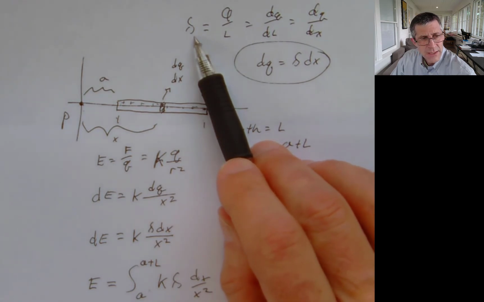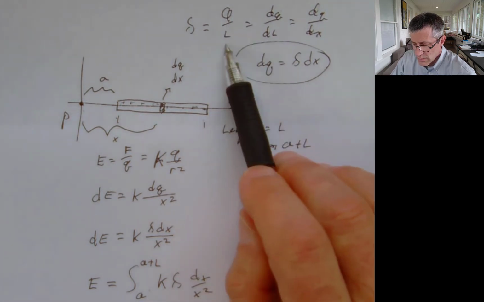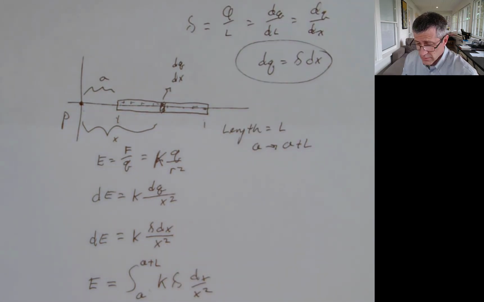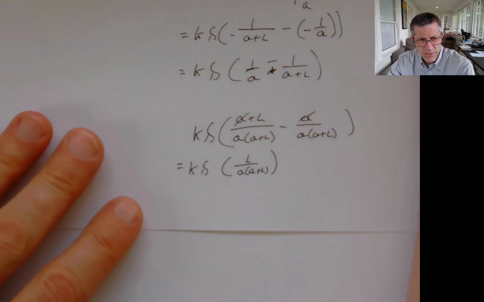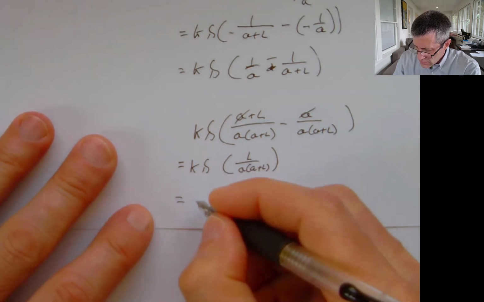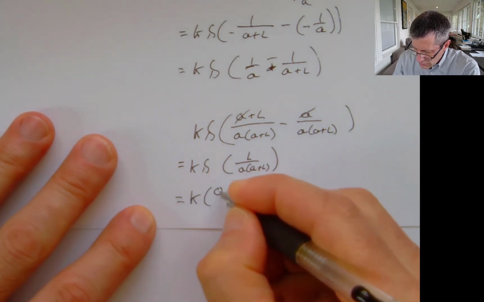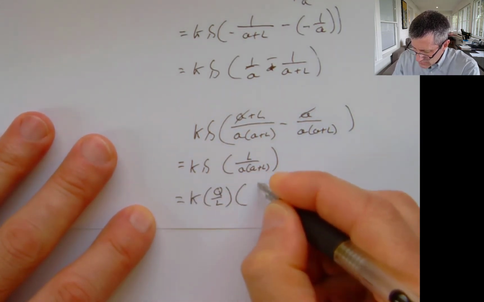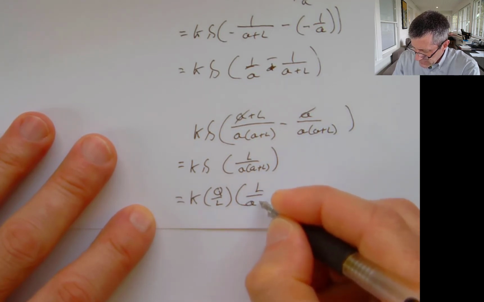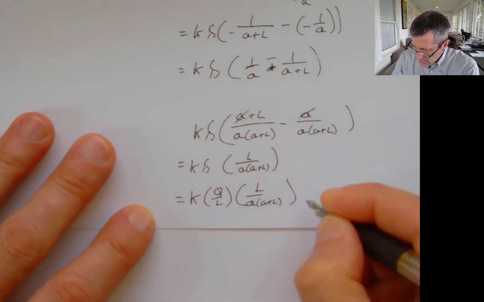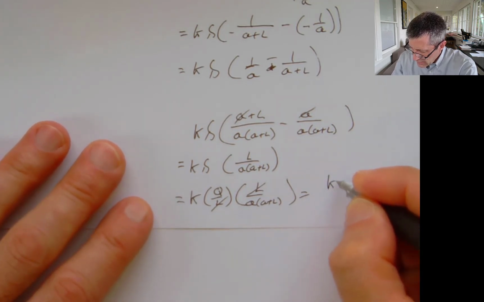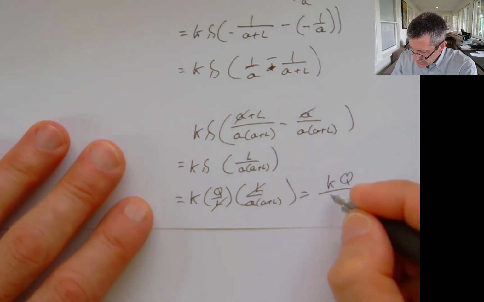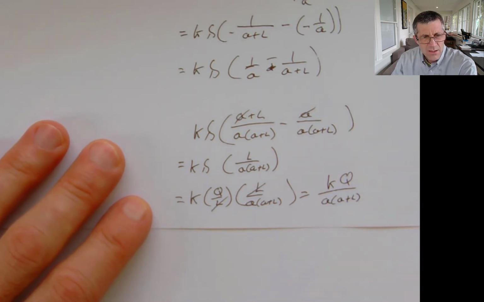So I can replace my linear charge density with the constants that I started with, Q and L. So this is going to be k times Q over L times L over a times a plus L. Notice one of my L's cancels, so I'm left with kQ over a times a plus L.